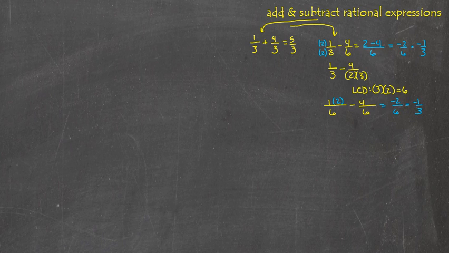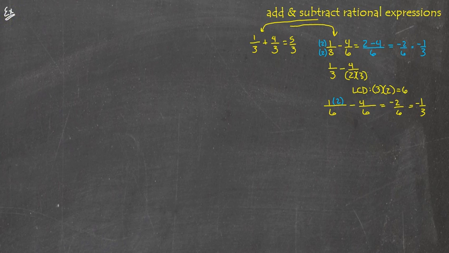So we want to redo this process. Let me keep my colors. I have a plan. Okay, so we want to duplicate this process not with rational numbers, but with rational expressions. So let's start with an example more like this first one.